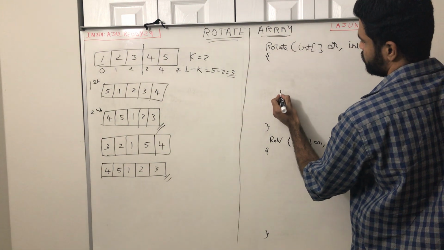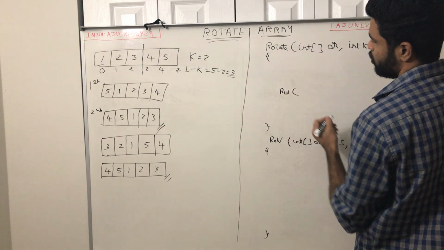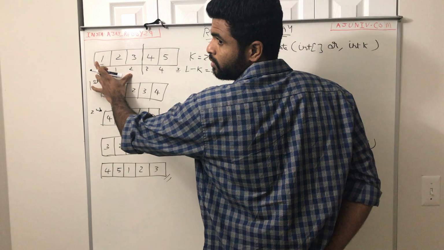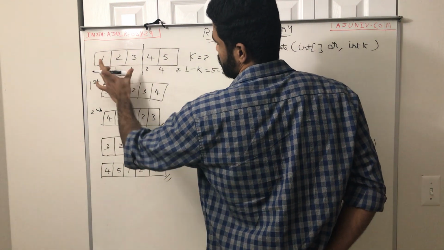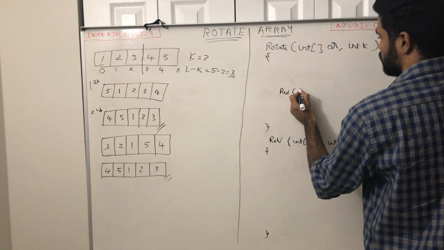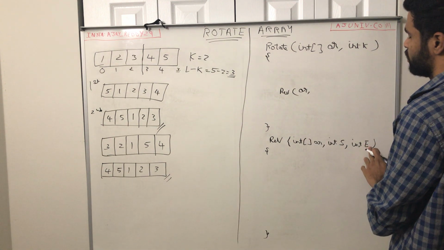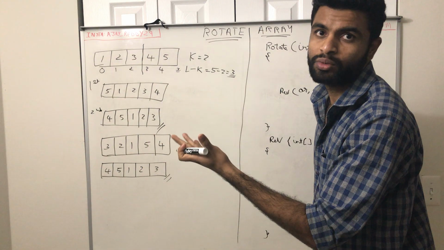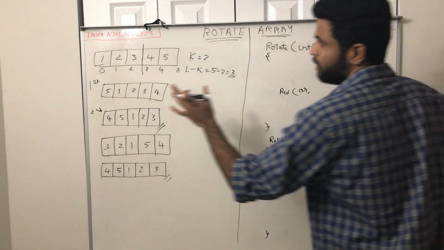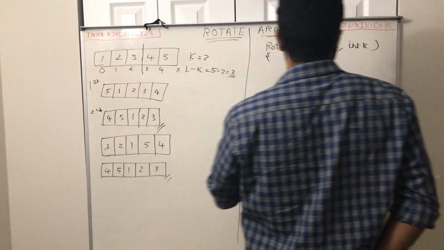First perform the reverse operation on the left subarray. I'll pass arr as the array, and I have to pass the start index and end index of the part which needs to be reversed. The left subarray start index is 0.